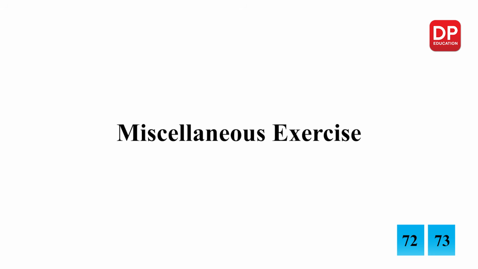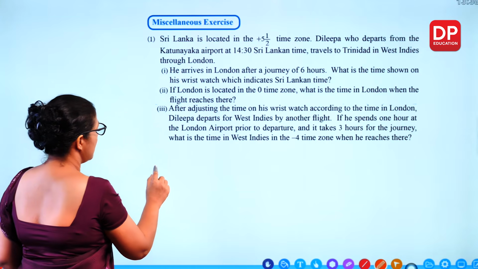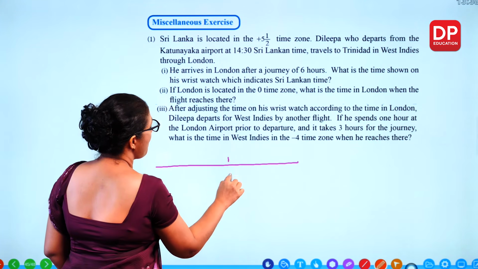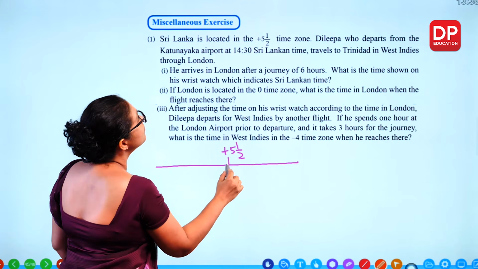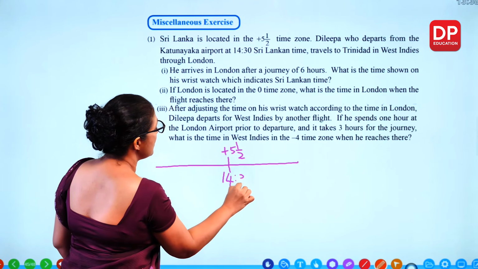Miscellaneous exercise. Sri Lanka is located in the +5.5 time zone. Dileepa departs from the Katunayaka airport at 14:30. So it's easy to draw a diagram. +5.5. The time is 14:30. That's Sri Lankan time.